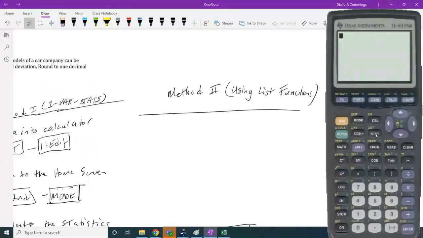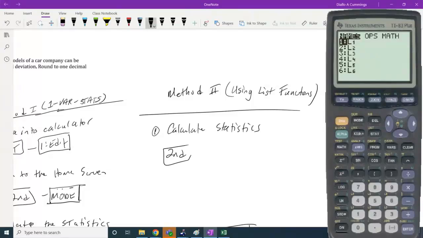On your calculator, above the stat button, you see the word list. I'm going to go into list, so that is second, stat, which is list. This is to calculate the statistics.